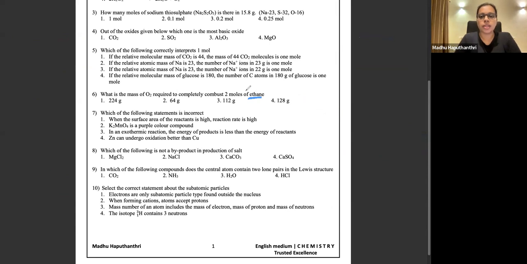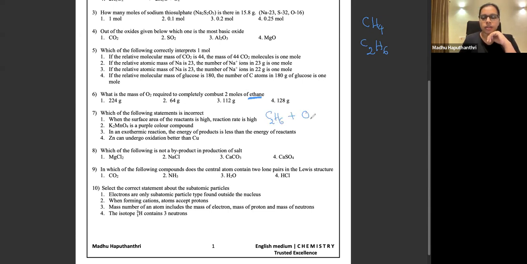Hydrocarbons means the compounds having carbon and hydrogen only. So ethane means the alkane with 2 carbons. First one is CH4, this is methane. Next we get ethane, C2H6. Then we need to write the combustion reaction for C2H6.